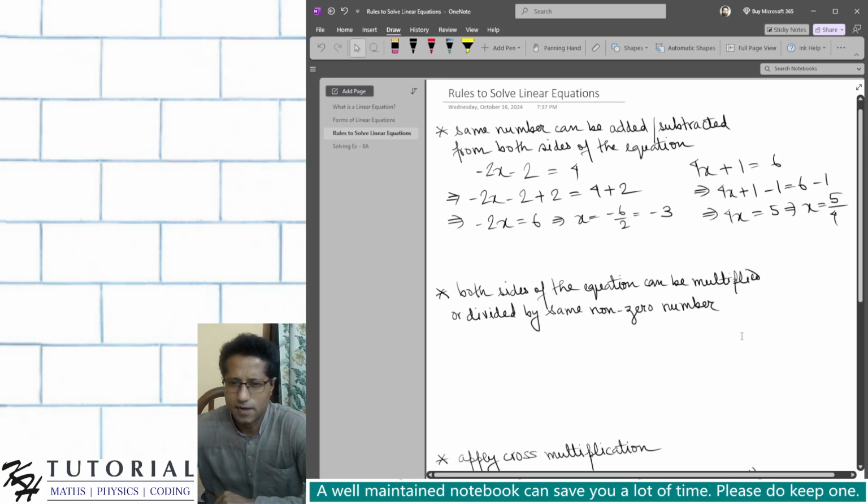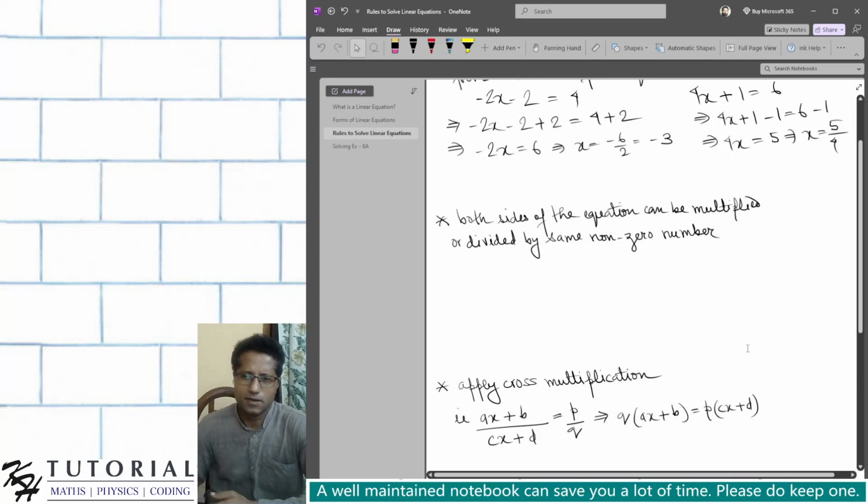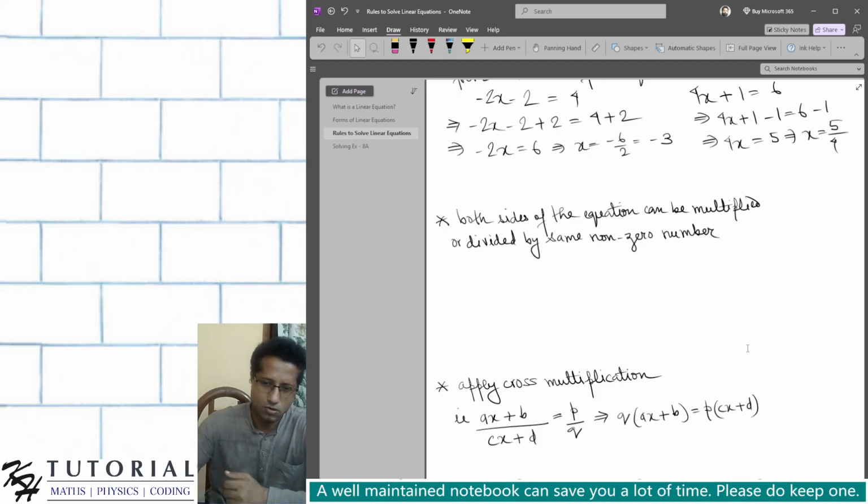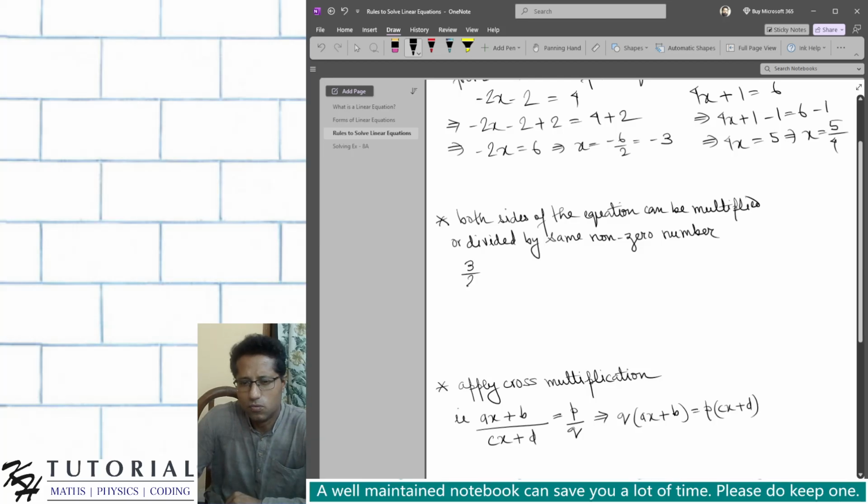The second rule is that we can multiply both sides by the same non-zero number. We can also divide both sides of the equation by the same non-zero number. Meaning, let's say you have something like 3 by 2 x is equal to 4.